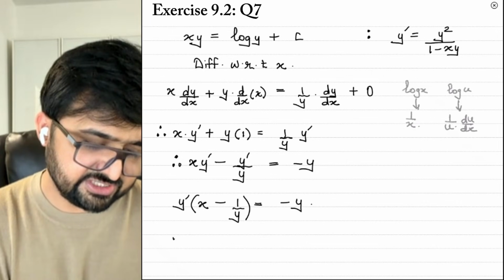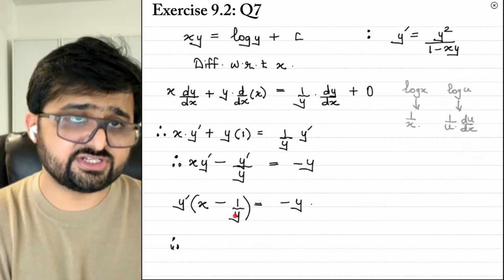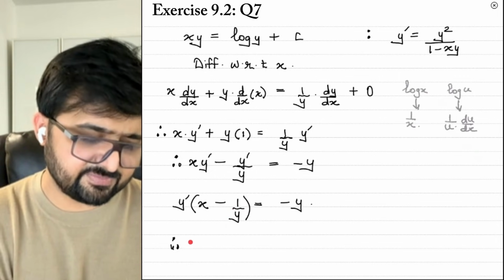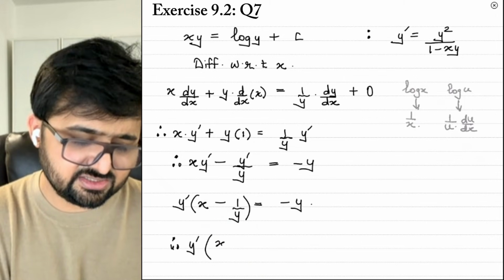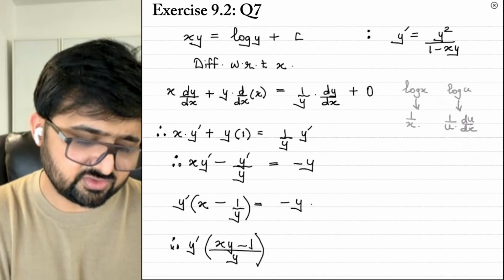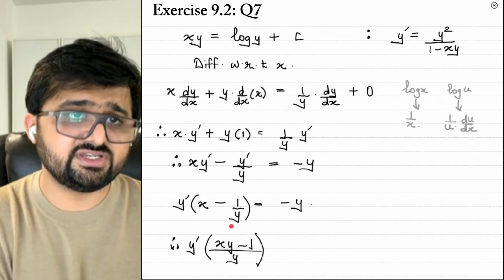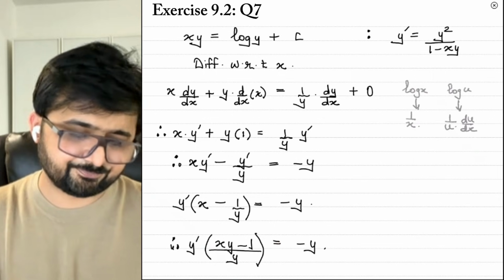Let us simplify this expression a little bit. Cross multiplying, we get y dash times x y minus 1 divided by y, is equal to minus y.